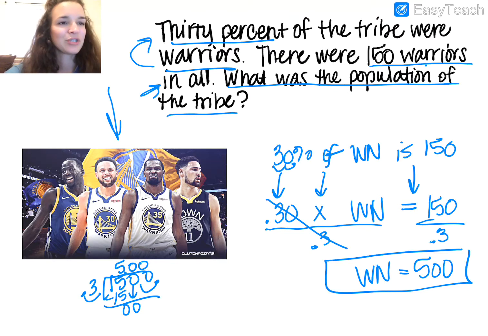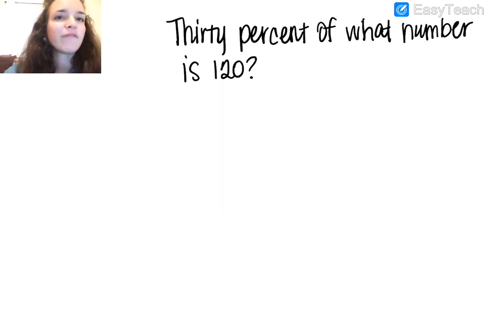Okay? So just to recap, you phrase it, translate your phrase into an equation. Then you're just solving your equation. Okay? So let's try that process again. This time, let's see how to find if 30% of what number is 120. So this one is phrased kind of like what we want it to look like.